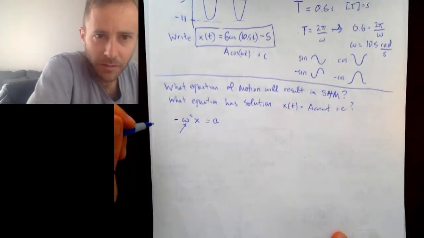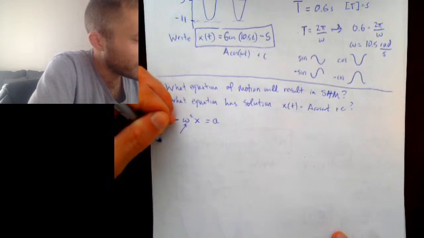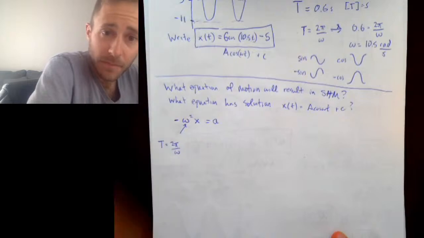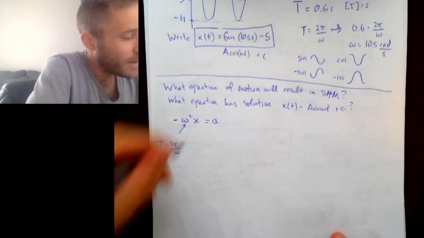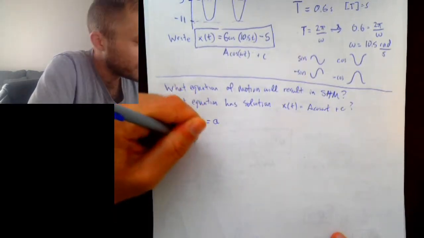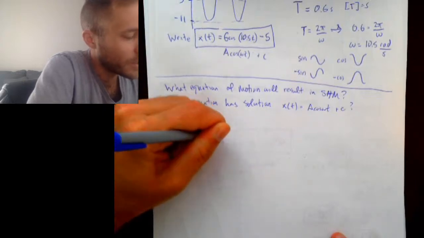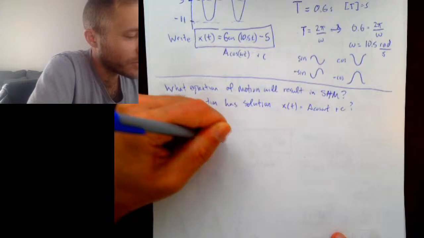This omega is the same omega that appeared earlier in the lesson, so period is 2 pi over omega. x is the position, and lowercase a is the acceleration.